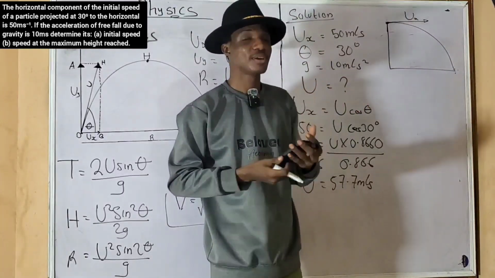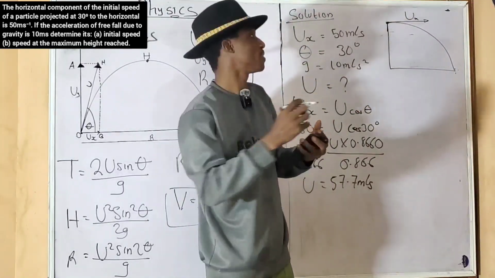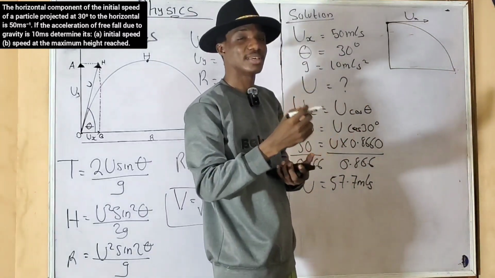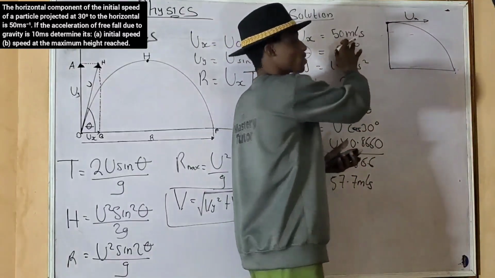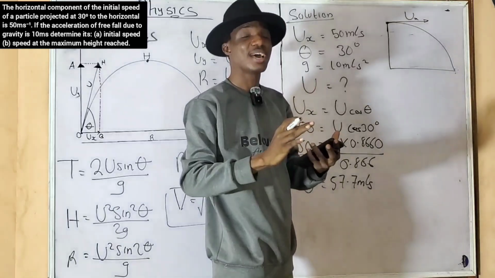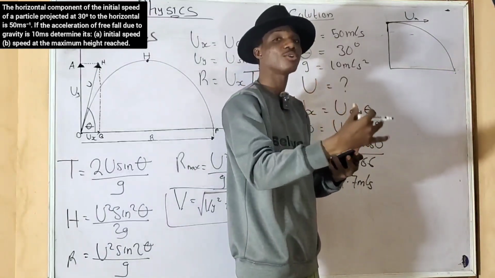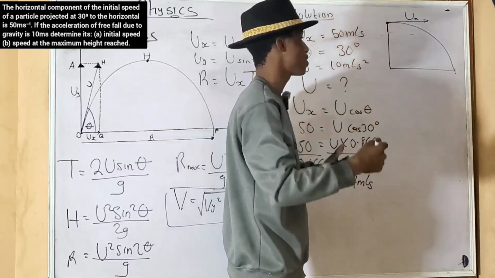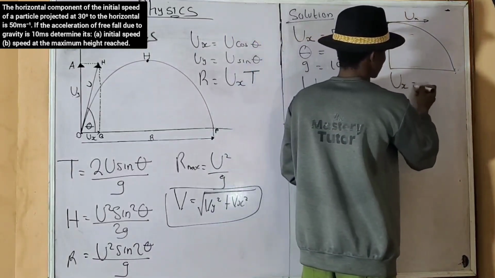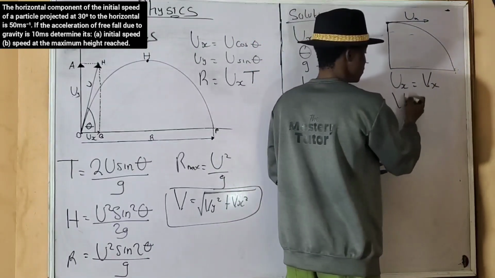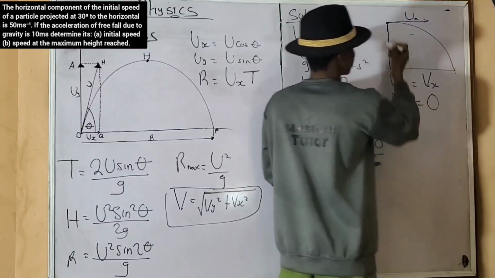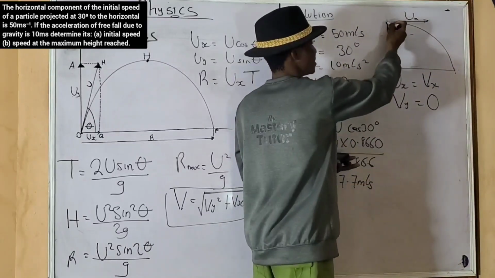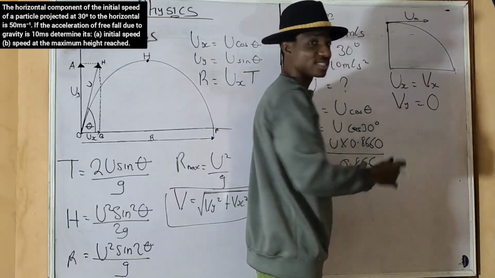The horizontal velocity is the velocity at that maximum height, which is 50 meters per second. It doesn't change at all, and the velocity is maintained throughout the journey of the projectile until it touches the ground. So that means ux is equal to vx, and vy is equal to 0, because at the maximum height, the vertical velocity is 0.